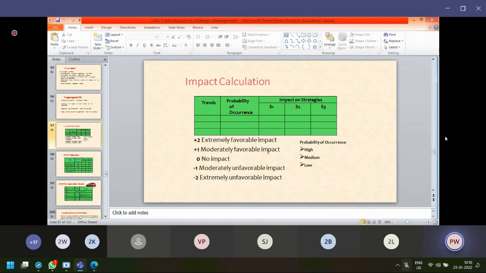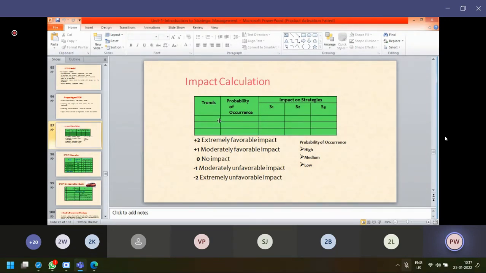That is moderately favorable impact will get +1 mark. If it is extremely favorable impact, we can give +2 marks. If it is having medium or no impact, we can have 0, that is neutral. If it is having a negative impact, that is unfavorable impact, we can have -1. And if we have extremely unfavorable impact, we can have -2 marks. So like that, this type of table can be prepared for a particular company.